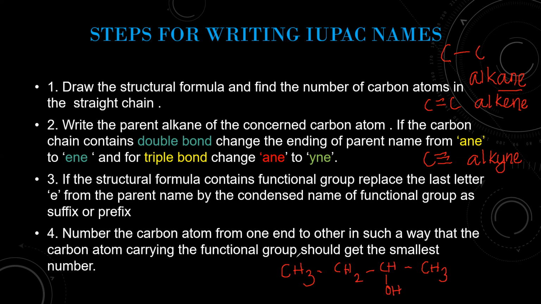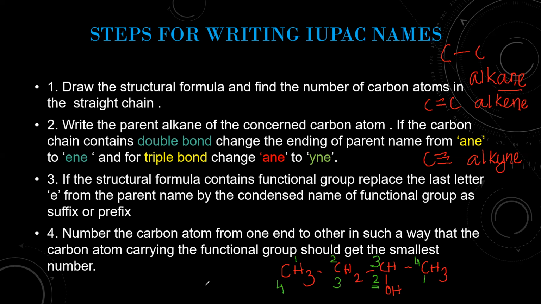If I start giving numbers from left to right, 1, 2, 3, 4, the carbon atom carrying the functional group, that is OH, will get number 3. Now, if I give the numbers from right to left, 1, 2, 3, 4, the carbon atom carrying the functional group will get the smallest number, 2.